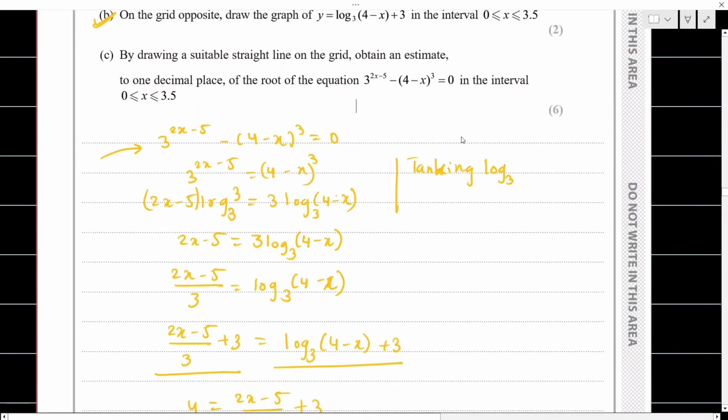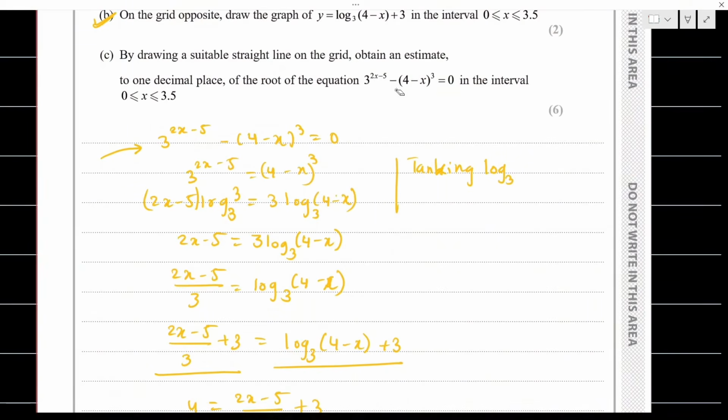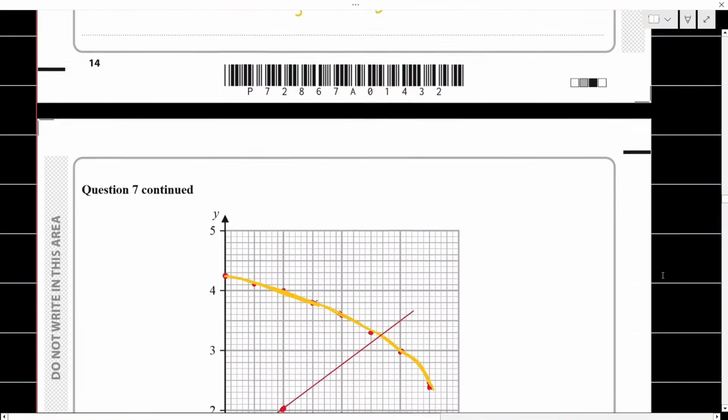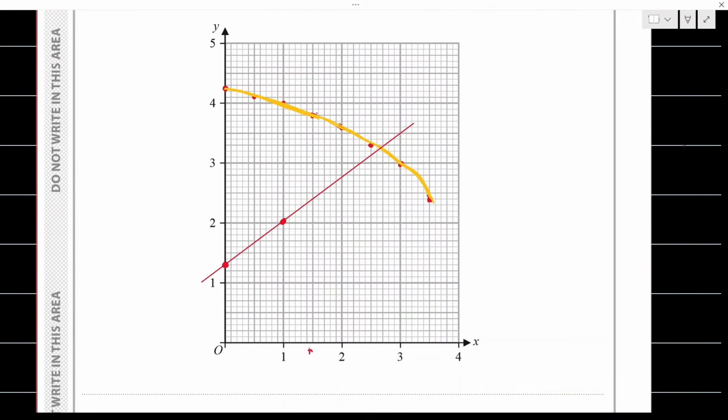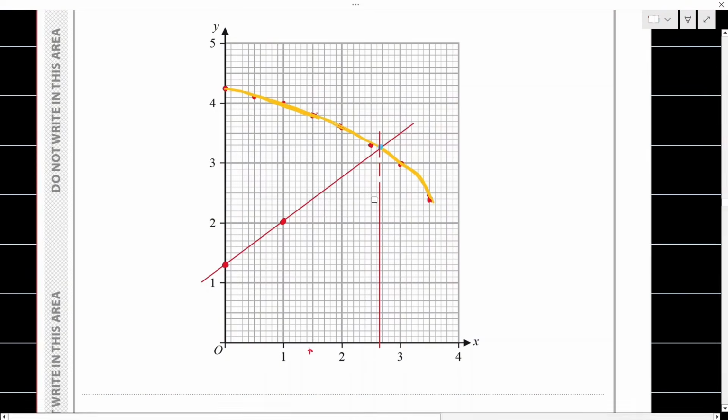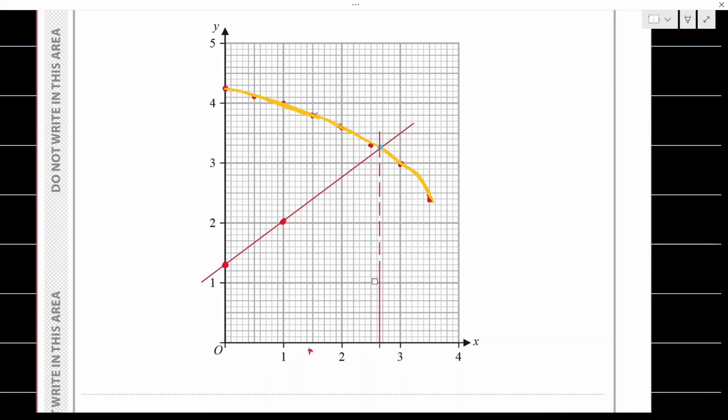So in order to find the values of x for which this expression is equal to 0, or in order to find the solution of this equation, I will just read the intersection point from the graph. What we can do, we can mark the intersection point, and we can see what it reads from our axis. This is usually represented with a broken line.